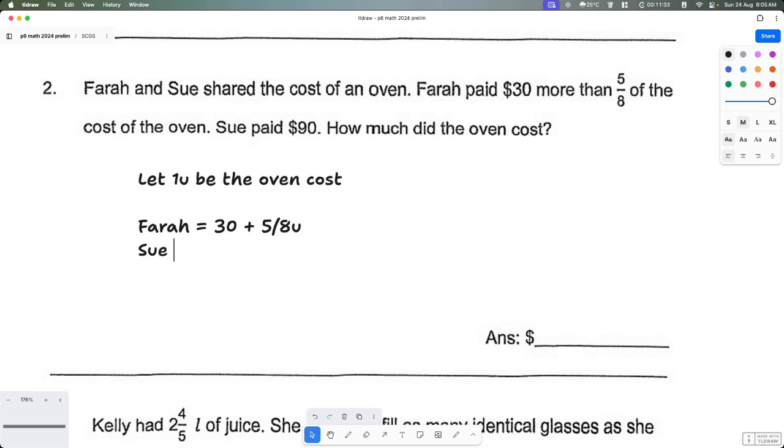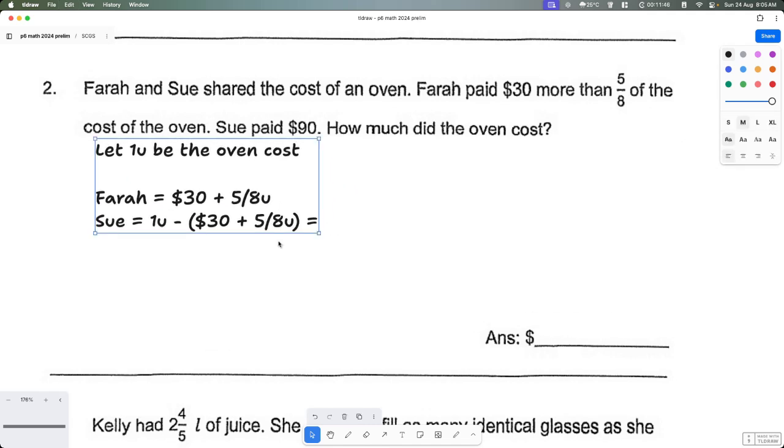Sue is equal to 1 unit, which is the whole oven, minus the bracket $30 plus 5/8. This will be equal to 1 unit minus 30, and this plus will also become minus. Then 1 unit minus 5/8 unit becomes 3/8 unit minus $30.